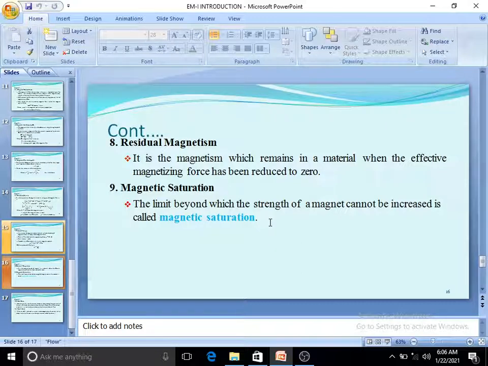Maximum. Suppose the magnet may develop 10 power 8 lines of Weber; for that purpose we need to provide only 4 turns. After 4 turns, if you provide more turns it is a waste, because it has already reached the maximum value. Even if you increase the number of turns, there is no change in the strength of the magnet, which is nothing but your saturation.